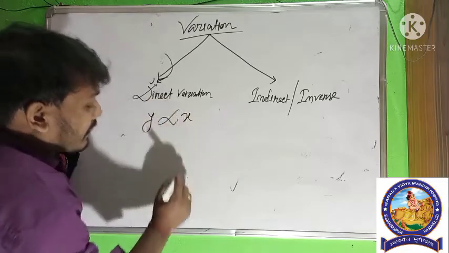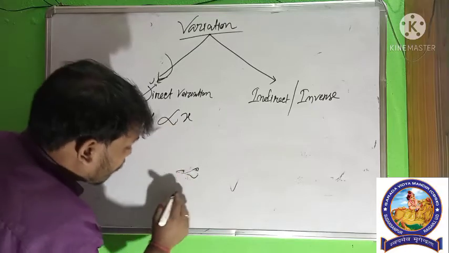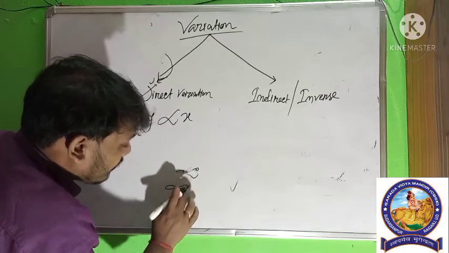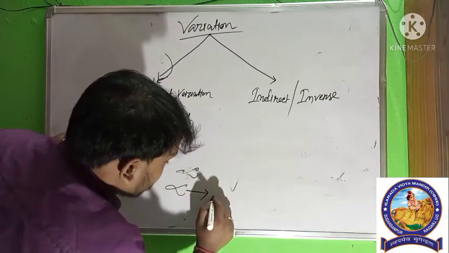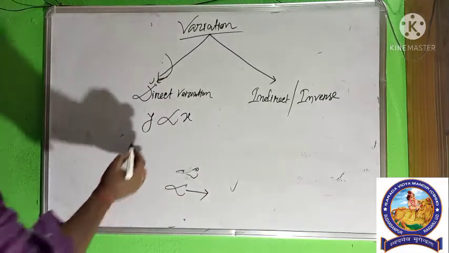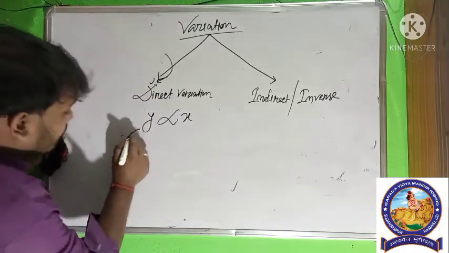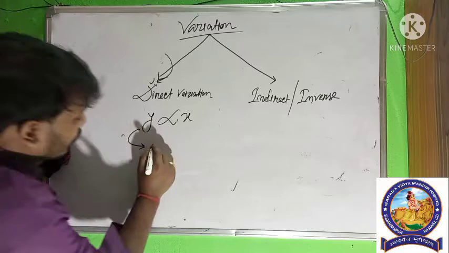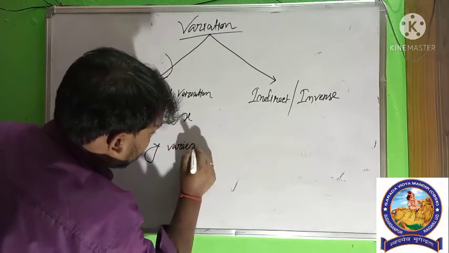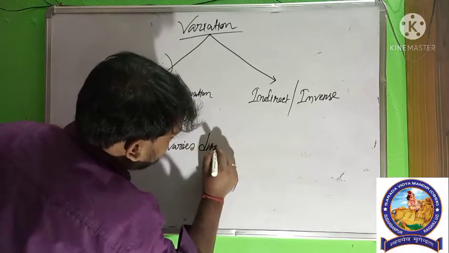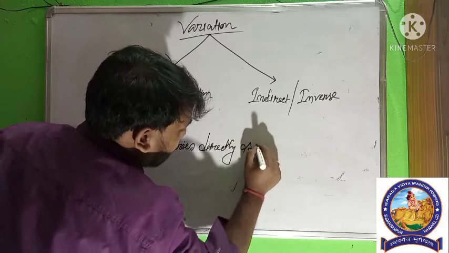Not infinity. Infinity means both sides closed, and here only one side is closed and the other side is open. Later I will talk about the symbol. The meaning of this is y varies directly as x.